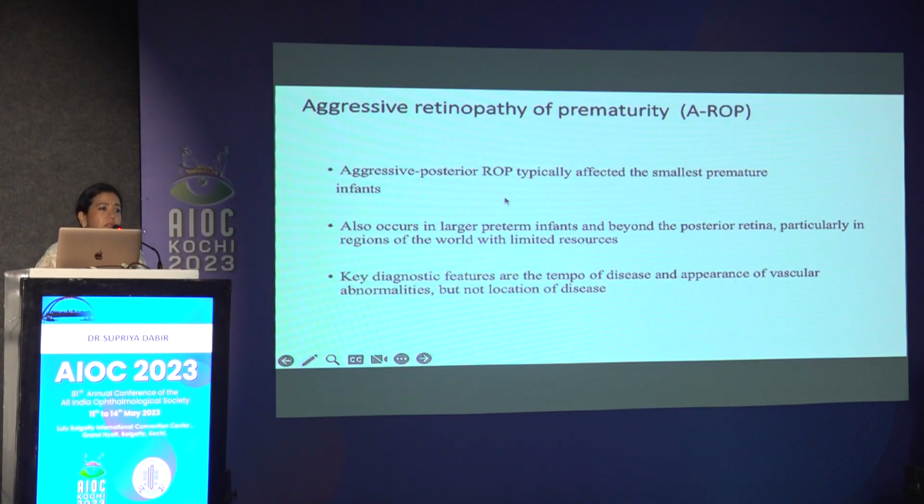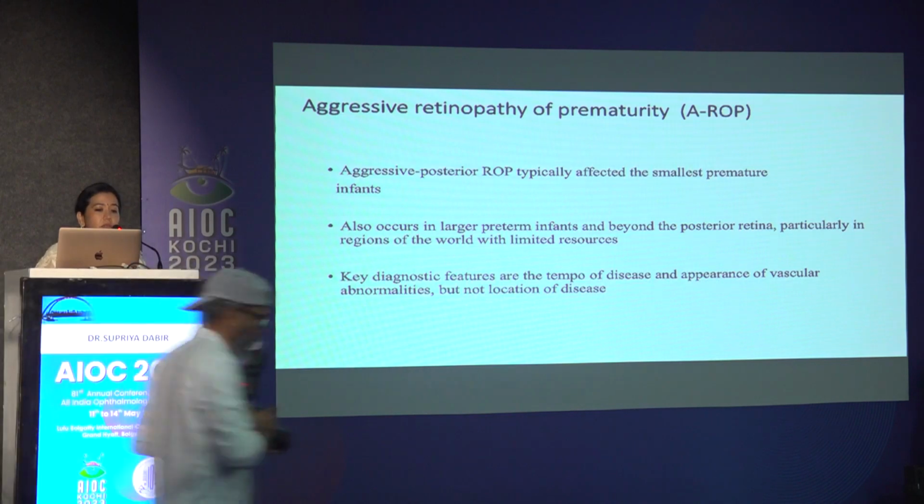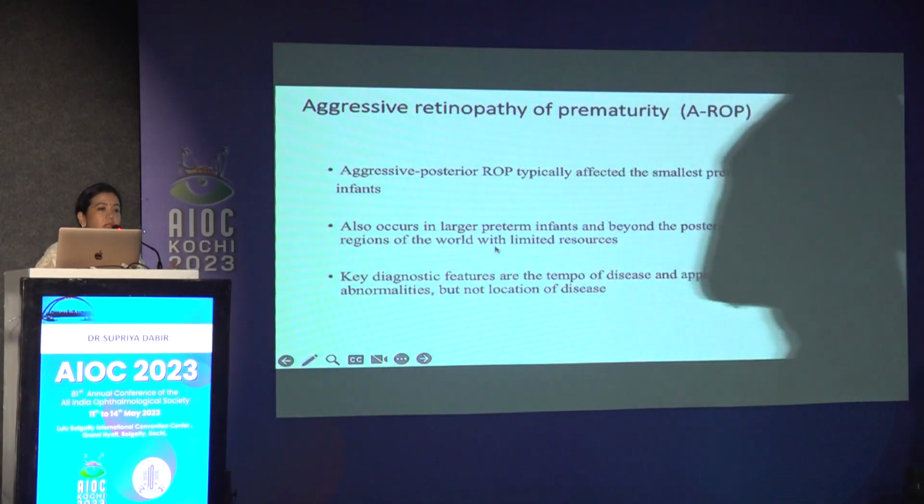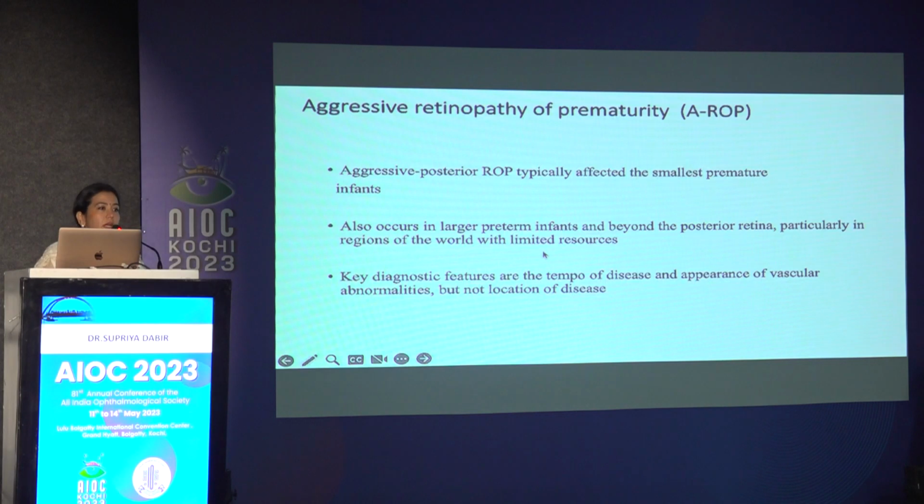Now, because there's been so much data and so much work, thanks to the IROP Society and our mentors here, they found that in developing countries we are able to see aggressive ROP in larger preterm babies also, and not necessarily in the posterior retina.